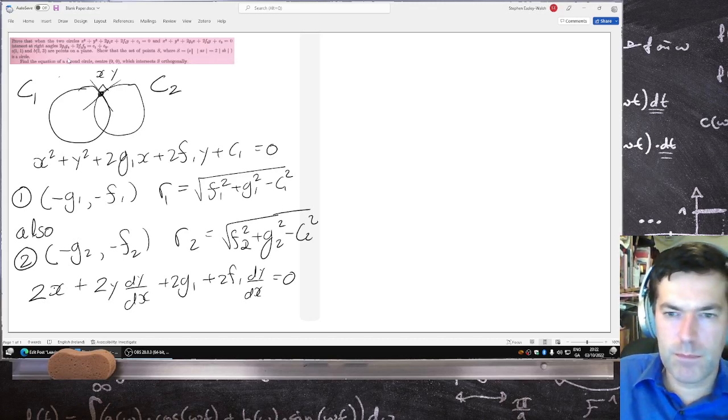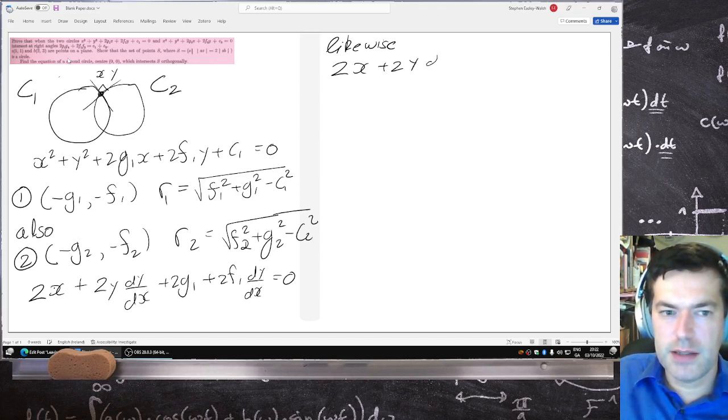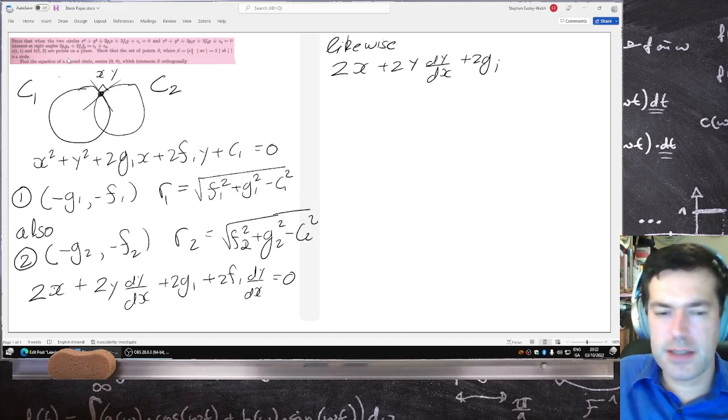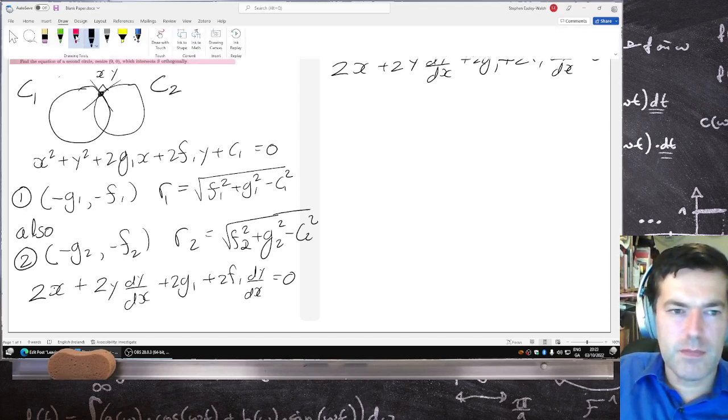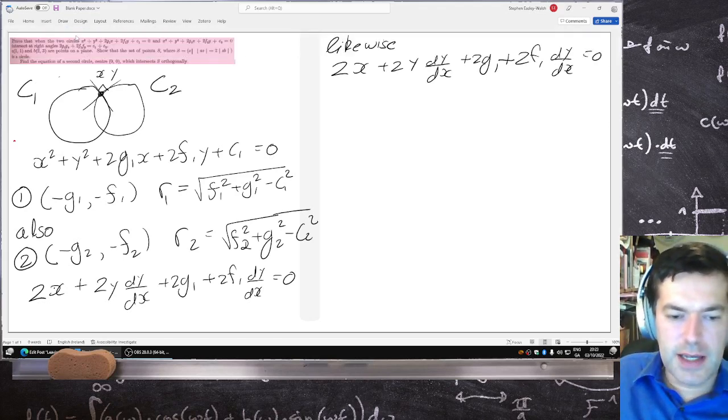circle 1. And then likewise, you have 2x plus 2y dy/dx plus 2g2, this is an implicit derivative, plus 2f2 dy/dx equals 0. But just perhaps to draw a distinction, that dy/dx, that's for the first circle.